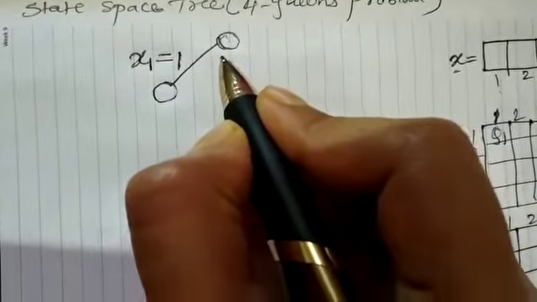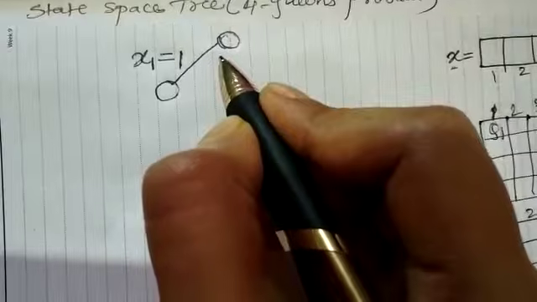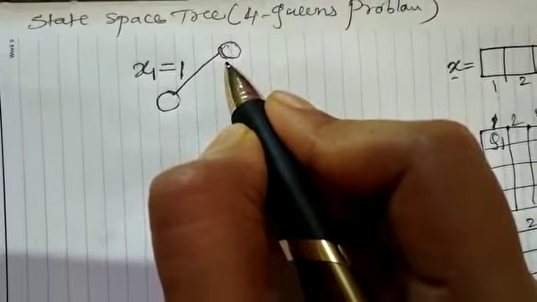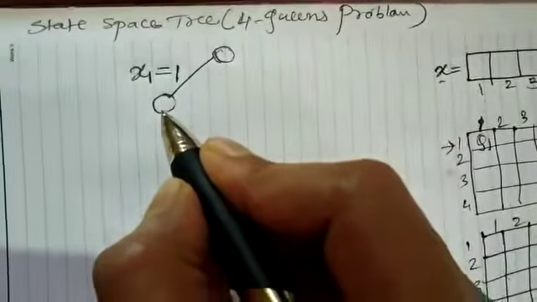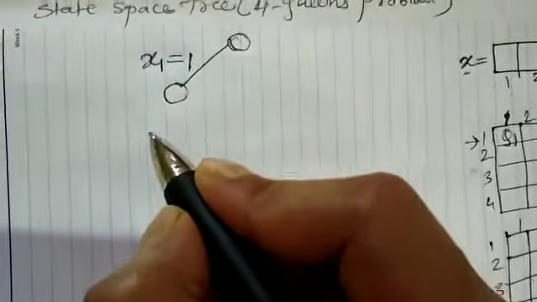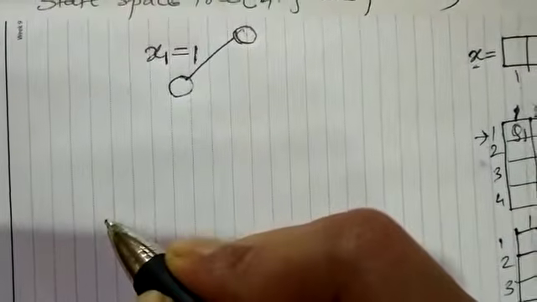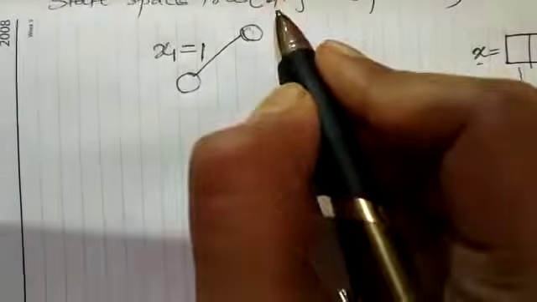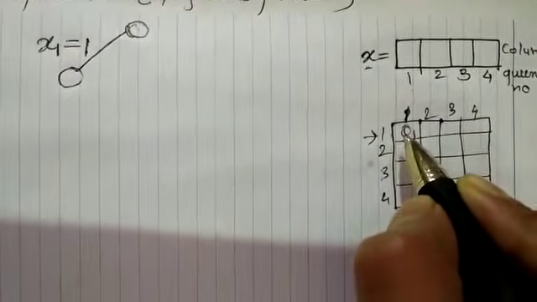Rather, we will prefer depth first search technique in order to generate state space tree. So according to depth first search, we are going to generate one branch of the tree, and we will keep on extending that branch until we reach the last node or leaf node. So here I have considered queen 1 has been placed in first column.